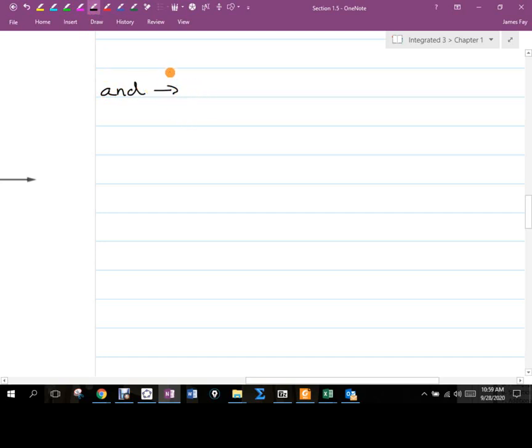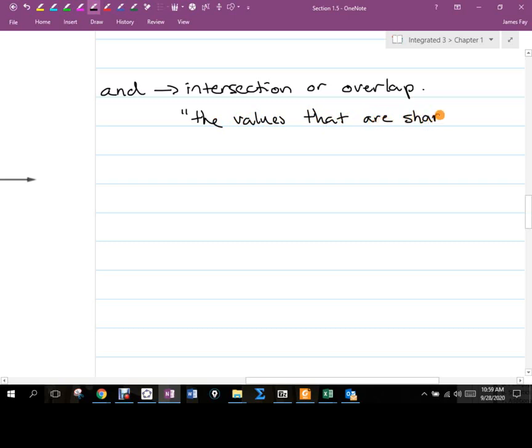"And" means the intersection or overlap. It is the values that are shared by both statements.